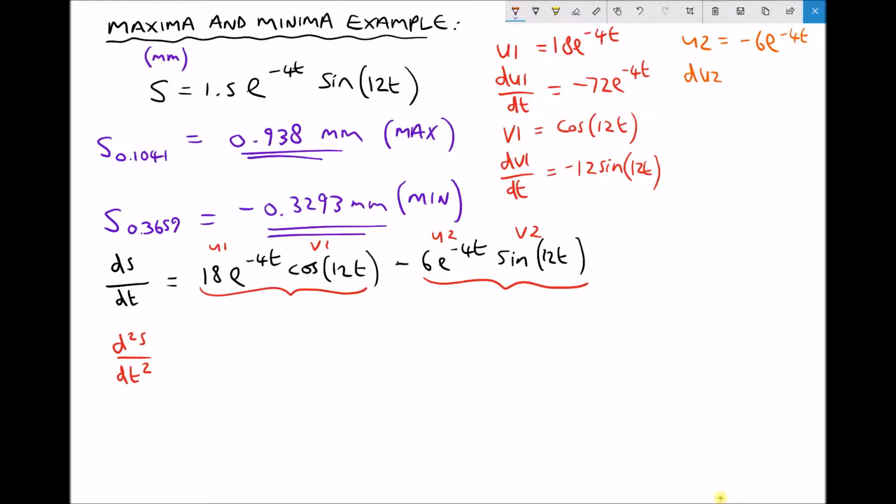Therefore, du2 by dt, the derivative of that, minus 6 times minus 4 is 24, positive. 24e to the minus 4t. v2 is sine 12t. Therefore, dv2 by dt, the derivative of that, is just 12 cos 12t.